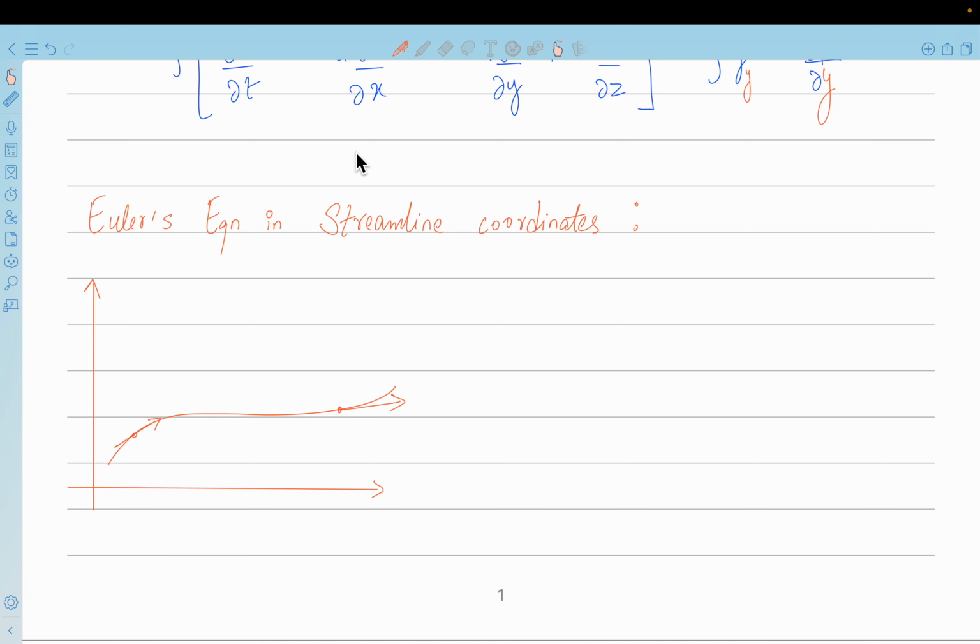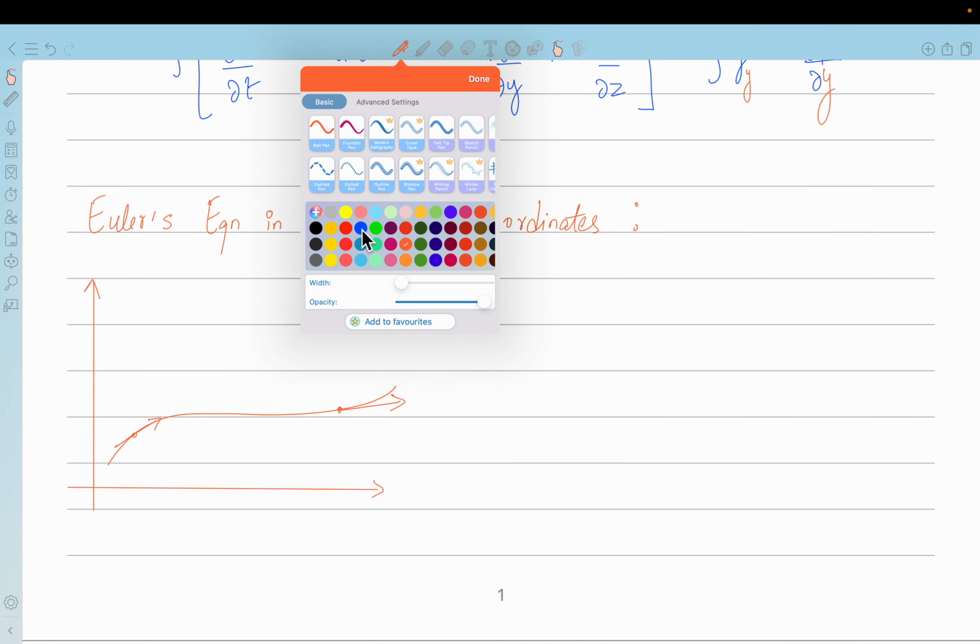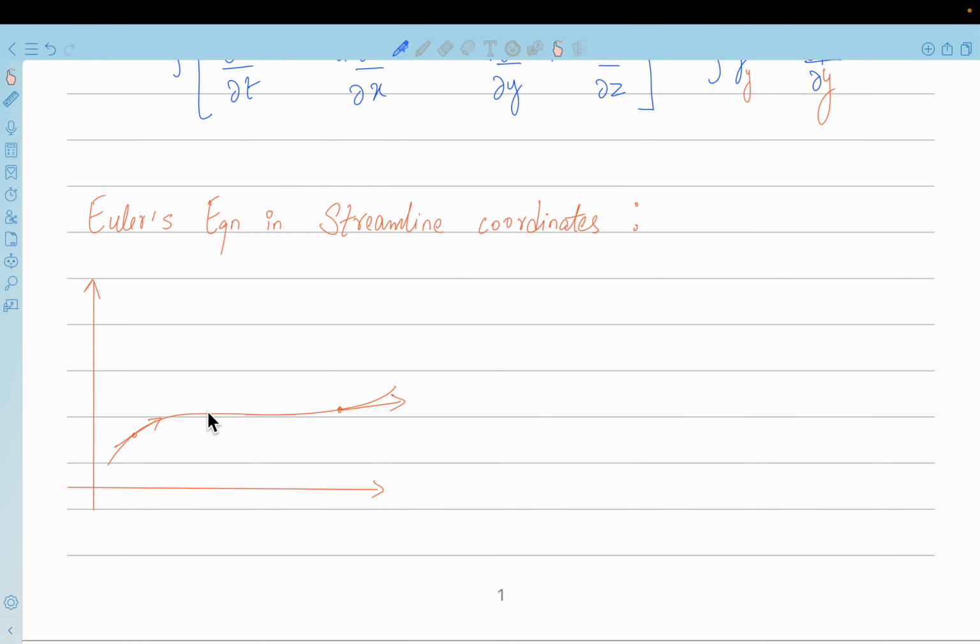And now what we can do is define some coordinates. I'll take one coordinate which goes along the streamline and one which is perpendicular to the streamline. Similarly, over here I can have the along the streamline coordinate and the perpendicular to the streamline coordinate.